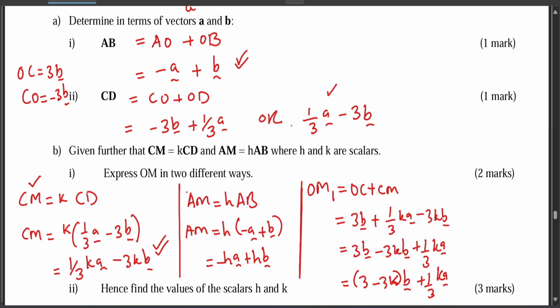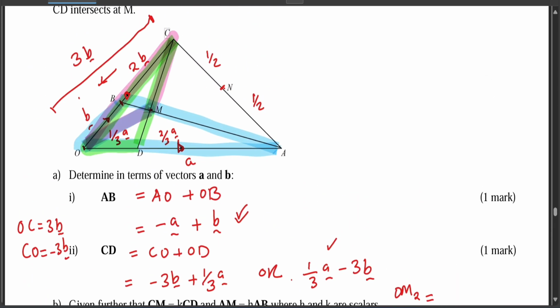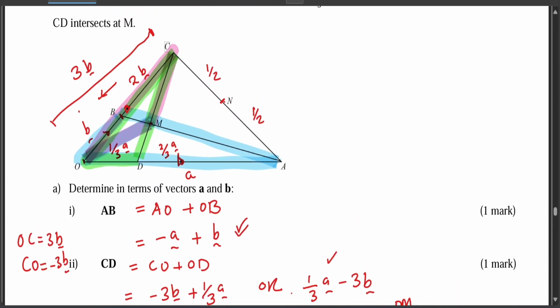Na kuna OM ya pili, in which I think I need to write it somewhere here kwa sababu ya nafasi. So OM ya pili waje hapa na ni lazima upitie through AM. Sawa, so tuaje hapa kufika kwa OM, it means that you'll pass through OA plus AM.